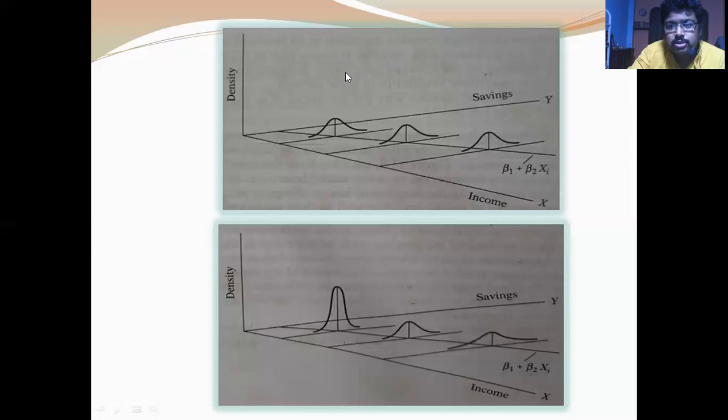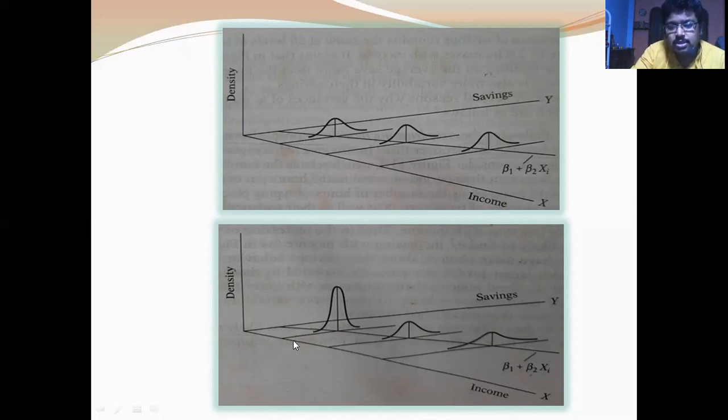So this is the constant variance. You can say homoscedasticity in this case. And if you look at the second picture, you can find the same income and savings, where income is the independent variable and saving is the dependent variable.